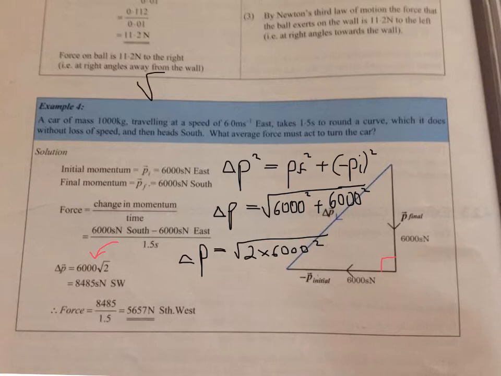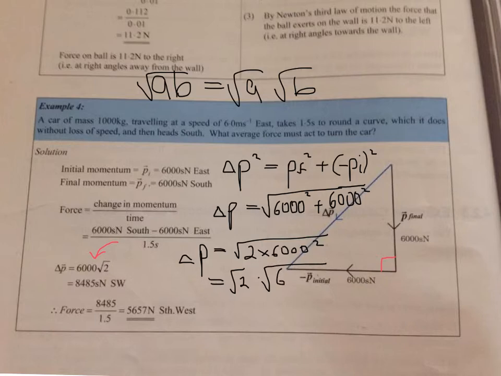So remember that the square root of AB equals root A root B. So all they've done is said, okay, well this must equal the square root of 2 times the square root of 6,000 squared, which is 6,000, because the square root of 6,000 squared is just 6,000, root 2 kg m/s. Okay, hopefully the rest is fairly straightforward from there, but let me know if that wasn't the step you were talking about.